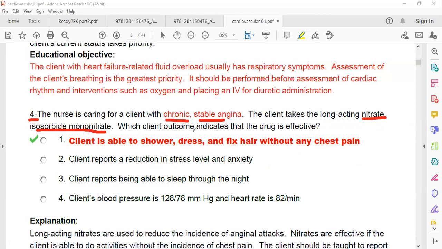Which client outcome indicates that the drug is effective? In this clinical case, the patient is at the very beginning state of angina, called stable angina. Usually they complain, I'm okay all day, but when I start to work or do something, I feel chest pain.